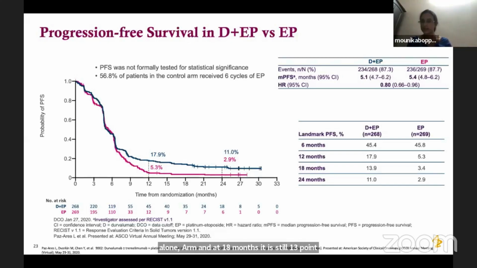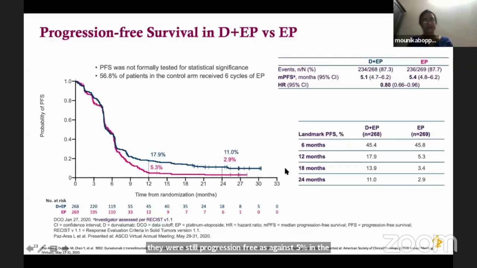And at 24 months, it was 11%. So at 12 months, 17.9%, that is at 1 year, almost 18% of the patients were still taking the treatment and they were still progression-free, as against 5% in the control arm.